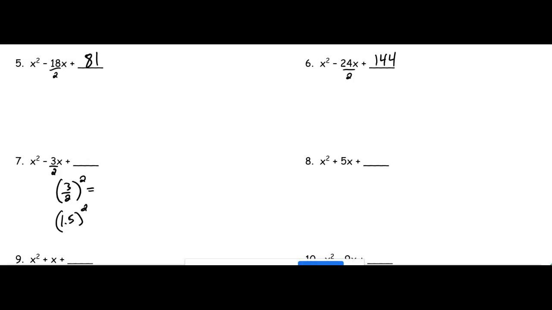So the fraction getting squared would be a 9 over a 4. So that's one thing you could put up here if you want. 1.5 getting squared is 2.25 if you like decimals better. But just don't think it's anything different just because it's not a nice number that divides evenly by 2.